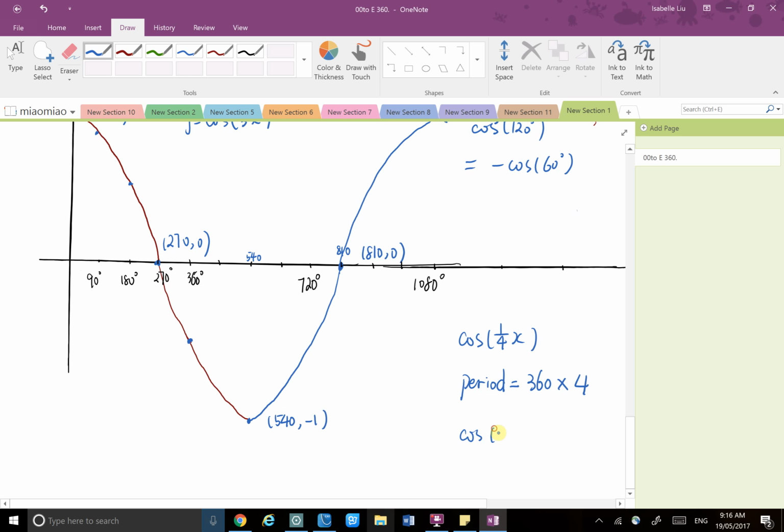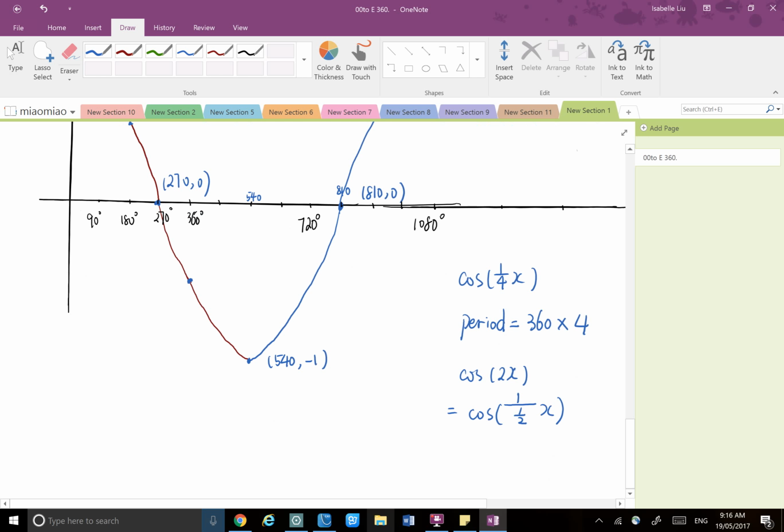How about cosine 2x then? So what will that be? Yep, you can write cosine 2x as cosine of x over a half. So the period will be 360 times a half.